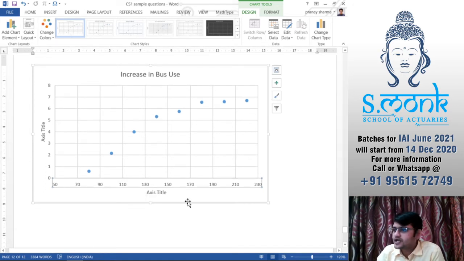So this becomes a scatter plot diagram. Okay, now what can you say? You would say there is a positive relationship between increase in bus use and the number of maps distributed, but it seems to be slightly curved. Okay, so that would be your observation from this.